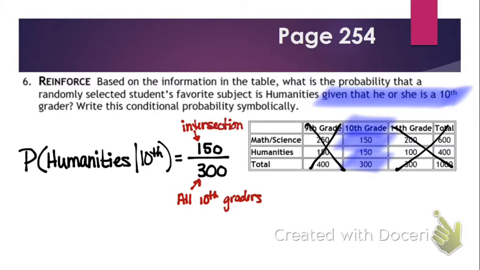If I was going to look at rows and columns, if I didn't have a highlighter that I could use, my row and my column intersect each other right here. Does that make sense? All right. Let's go look at the table on the next page, page 255.